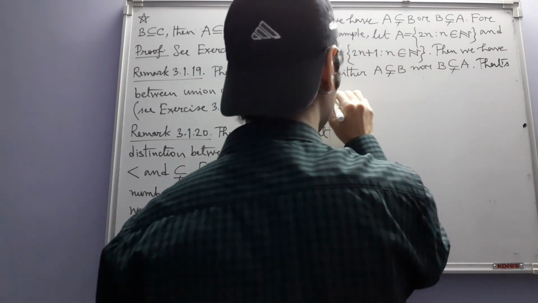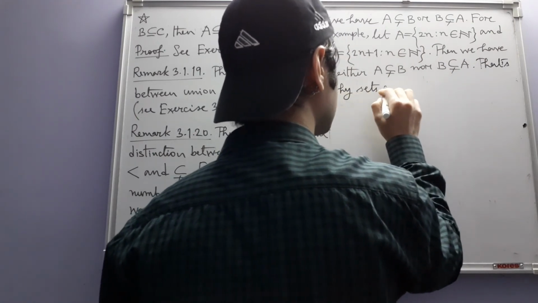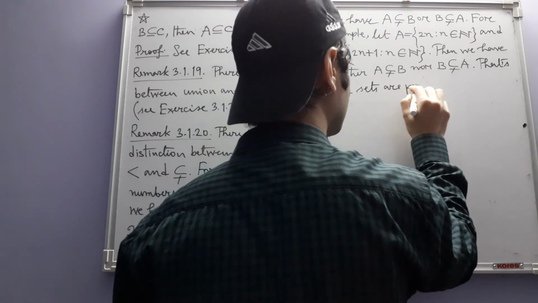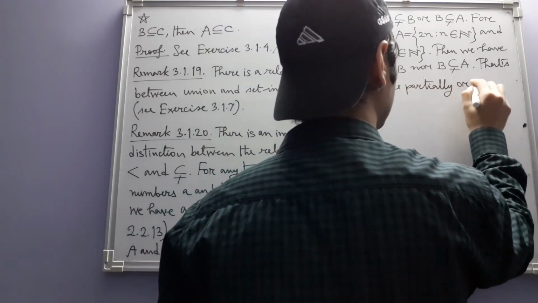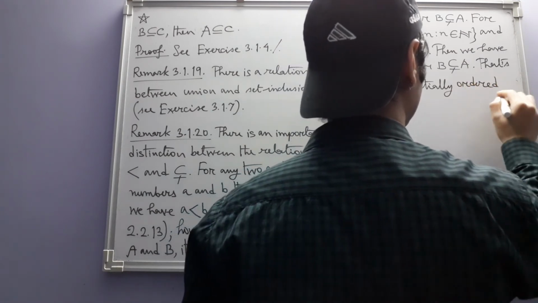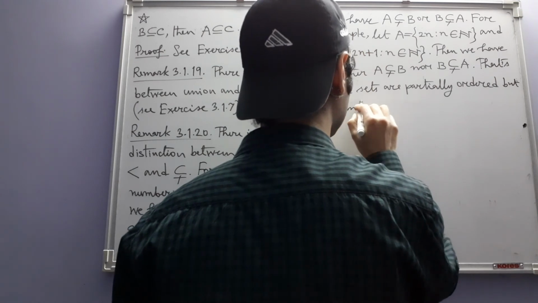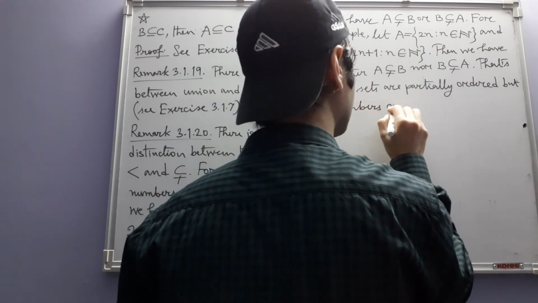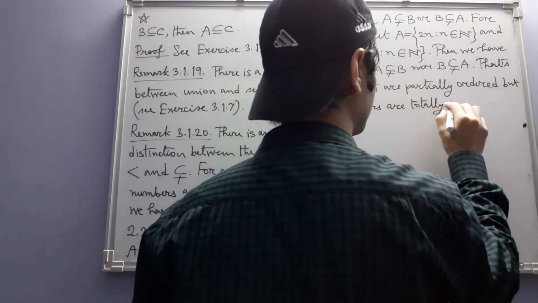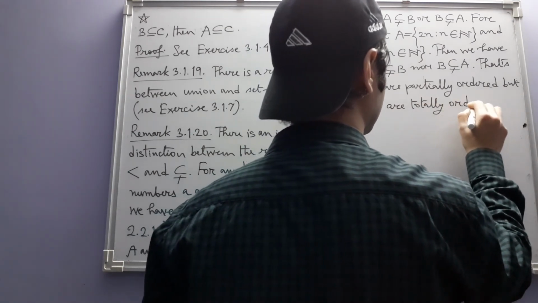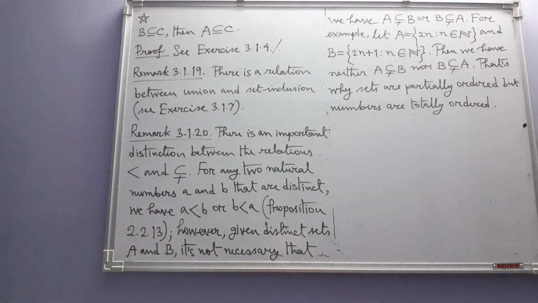That's why sets are partially ordered but numbers are totally ordered by the respective order relations.